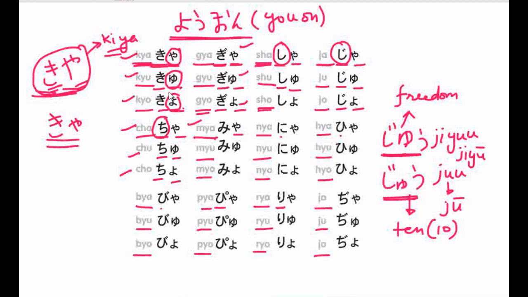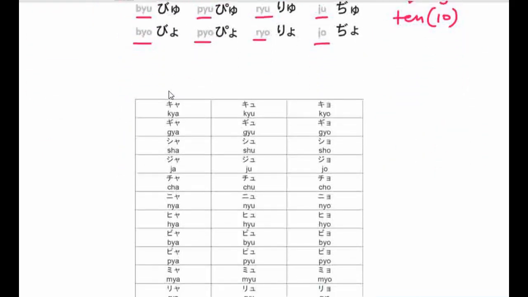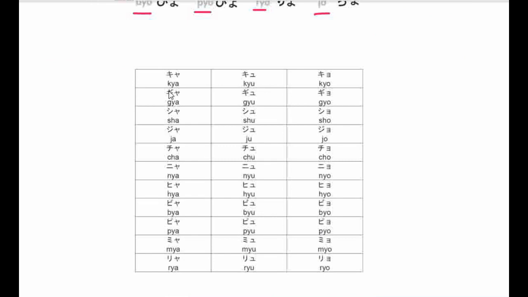Now coming to katakana, there is no change. In katakana also the sound will remain the same, but obviously the letters will change. Here the letters of katakana will be used, but the sound will remain the same, like kya, kyu, kyo. Now see here, this is ki and this is small ya. Again, this small ya is katakana, this small yu is katakana, and this small yo is katakana.